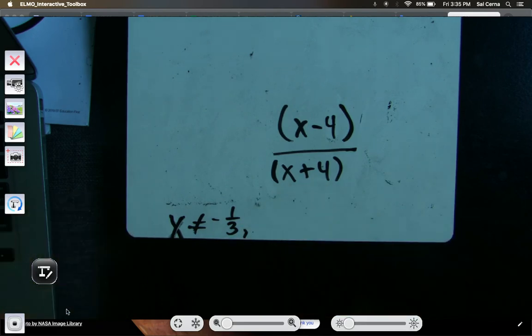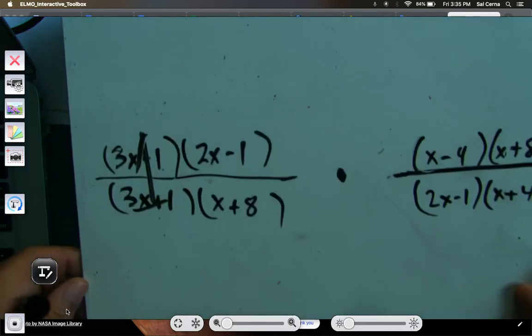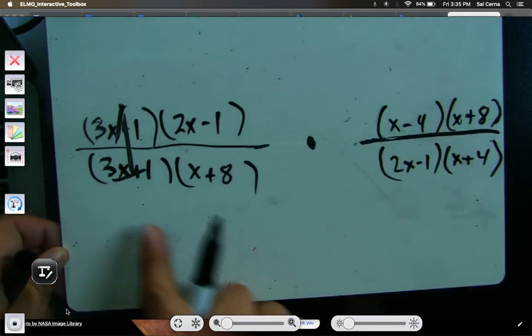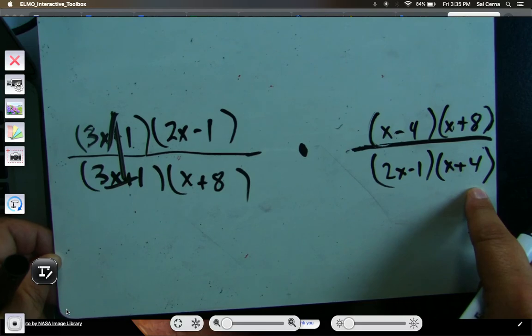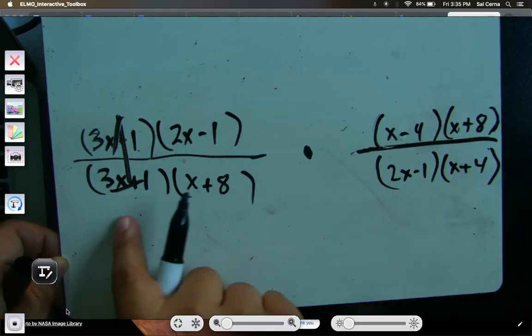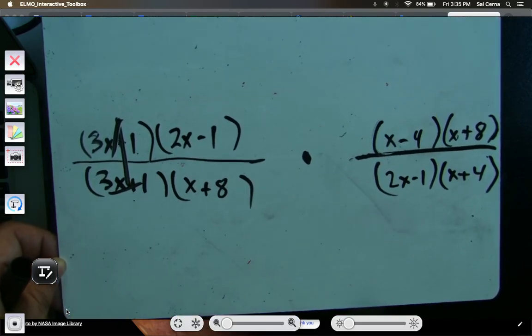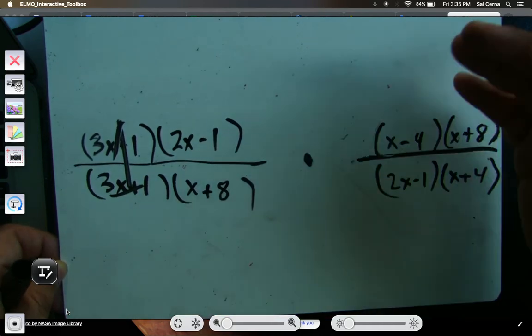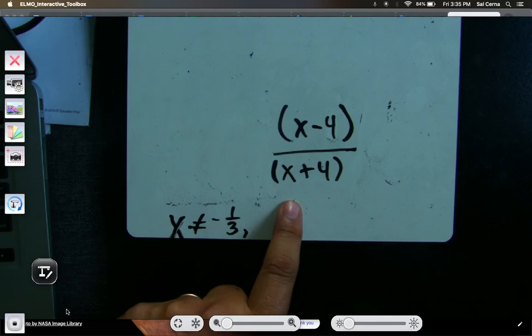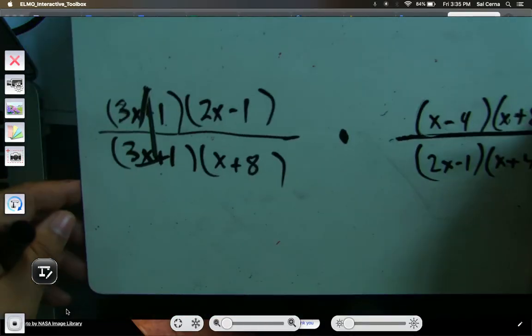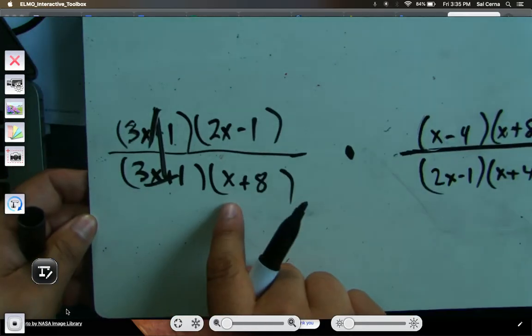What did I get, negative 1/3? Remember these guys back here? Each of these, if I set them equal to 0, I'll find the real number values that x cannot equal. Why? Our denominator cannot equal 0 at any point, whether it's from the beginning, during the middle of the process, or towards my final answer. Anytime I choose a value, I can't get 0. So x can't equal negative 8.